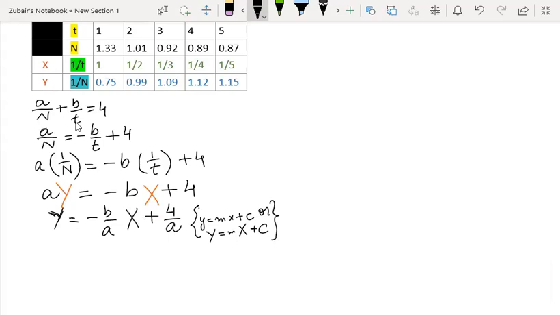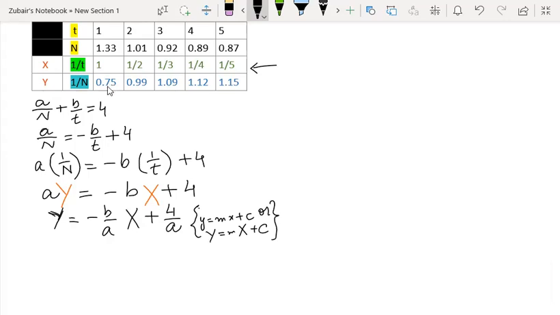So what is x? X you can see here in this row, and x is showing basically the values of 1 upon t. How did we get this value? This is the reciprocal of t equal to 1. This value is the reciprocal of t equal to 2, and like this. In the same way, y is basically 1 upon n, and the 1 upon n values are here.